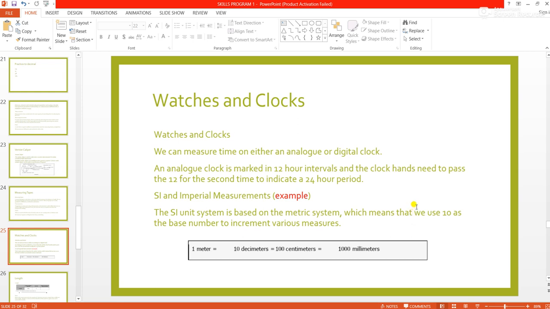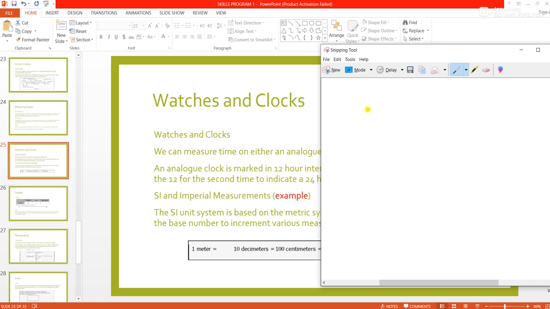What I will do is provide an example of how we can convert from meter to decimeter, or from meter to centimeter, or from meter to millimeters, and vice versa. Let's say we want to change from meter to centimeter.